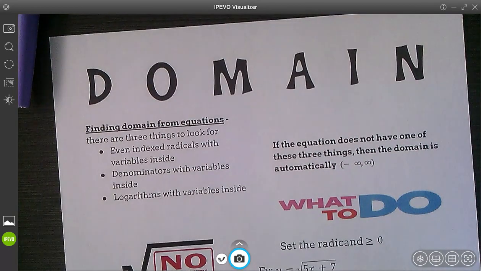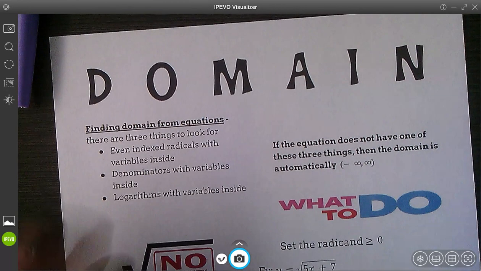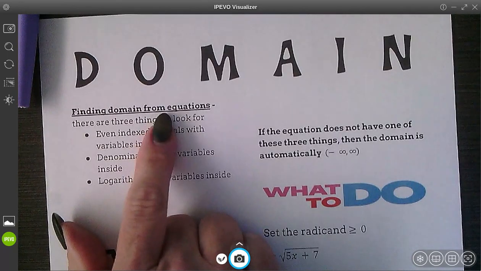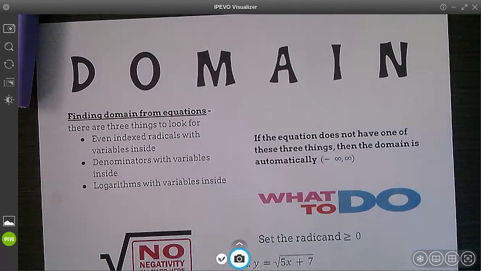Now when we have equations, we are mostly going to focus on domain in this section. Working with an equation to find domain, there are 3 things that we have to look for.